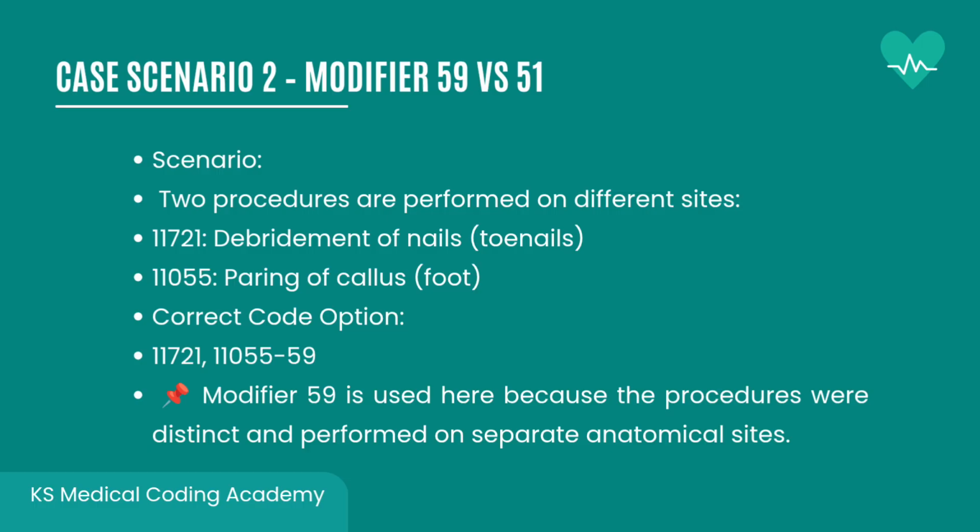To report them correctly, we use modifier 59 on the second procedure, 11055, to show that the services were distinct and separately performed. We do not use modifier 51 here, even though multiple procedures were done, because modifier 59 better communicates the clinical situation and avoids bundling issues. So, the correct coding is 11721 and 11055-59.